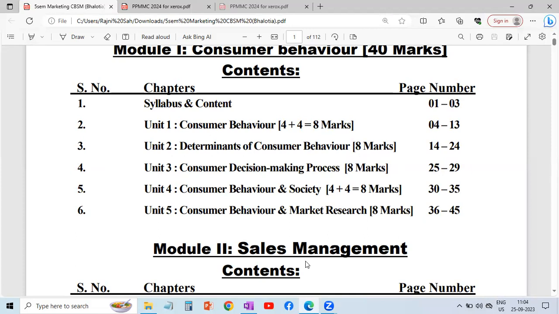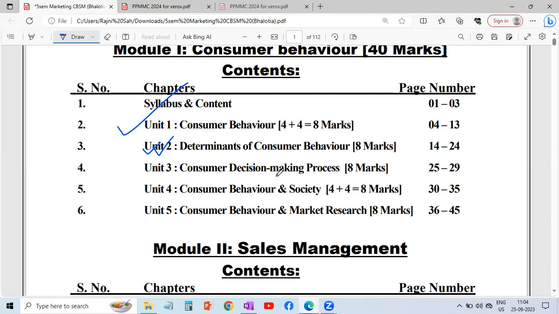So today we are doing CBSM CB module 1, which is of total 40 marks, having 8 units, and we have completed unit 1. Now today we'll proceed with unit 2. The name of the chapter is Determinants of Consumer Behavior.